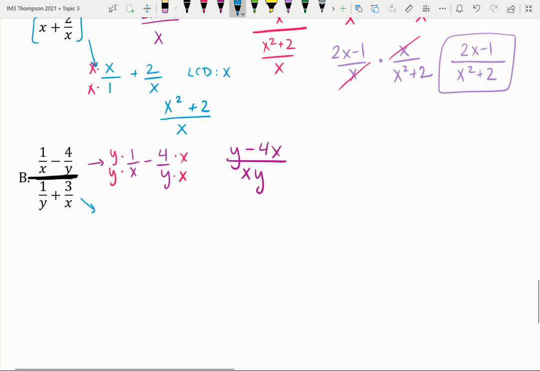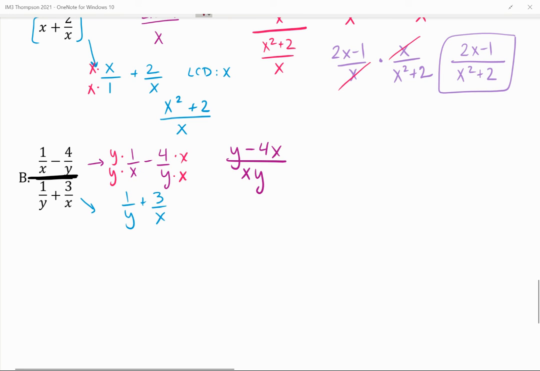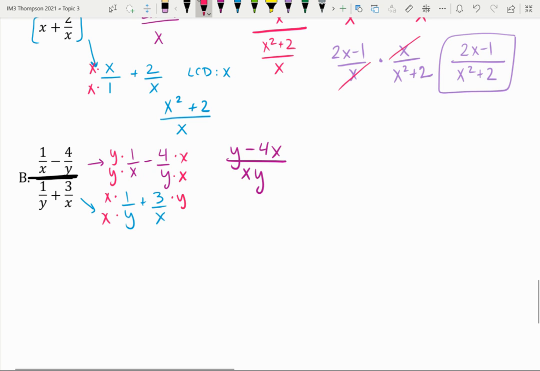Same story on the denominator. In the denominator of the denominator, I've got an x and a y again, so my common denominator will be xy. So I can multiply the left by x over x and the right fraction by y over y.